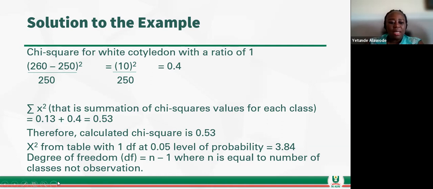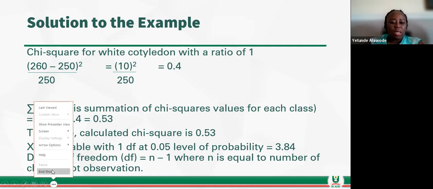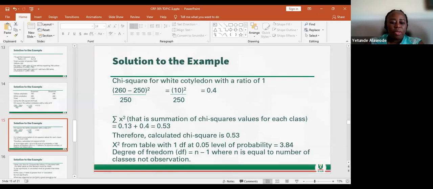Let me see if I can get your chi-square table from your material here, so that I will show you. Even though in the exam, I won't encourage you to use the table, I may give you the tabulated value, so that you can use it to compare. But I just want to show you what it looks like.